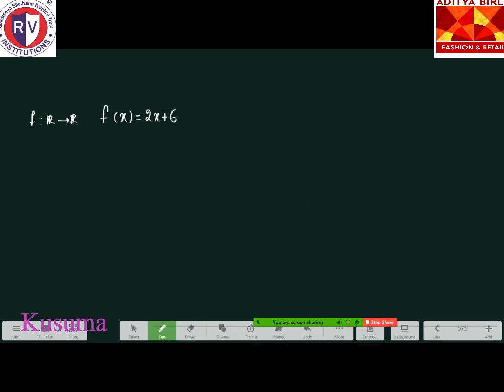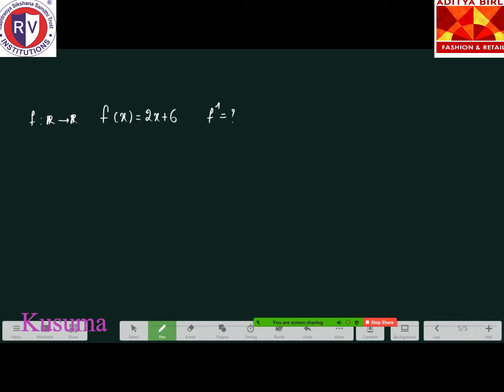That is, the mapping f of x is both one-one and onto. Then f inverse is given by, that is, we are supposed to find the inverse of the given function.